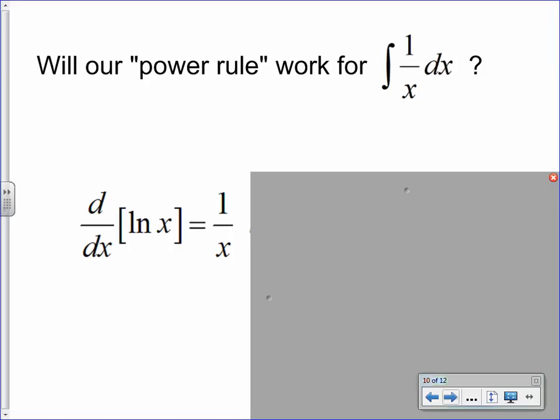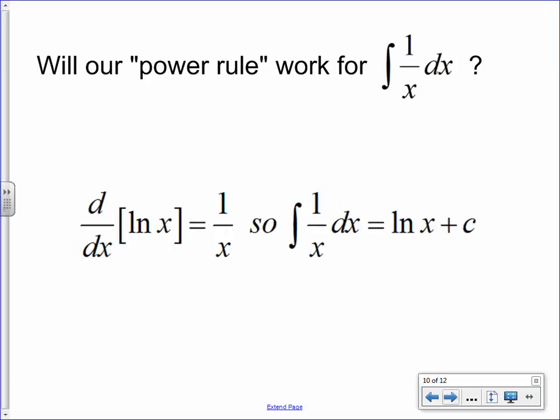If you take the derivative of the natural log, it's 1 over x, right? We should know that. Which means the antiderivative of 1 over x should be the natural log of x.